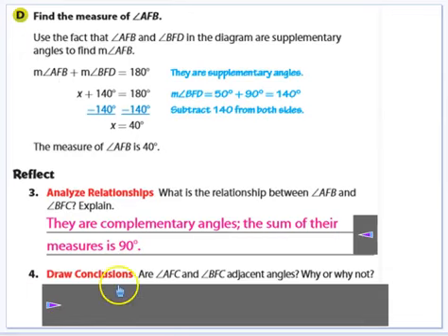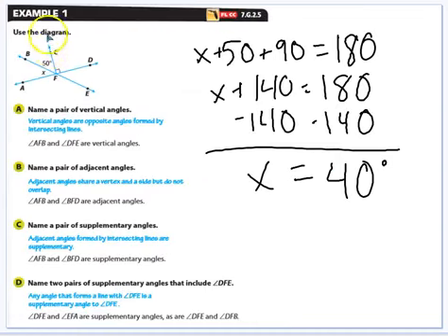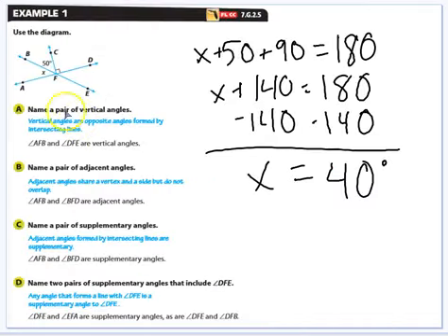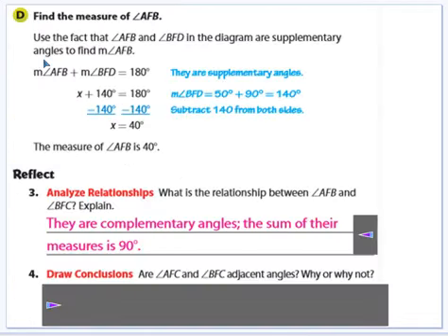All right. Are AFC and BFC adjacent angles? Class, are they adjacent angles? If you took down notes, you would know that they are not, for the very specific reason that they overlap.